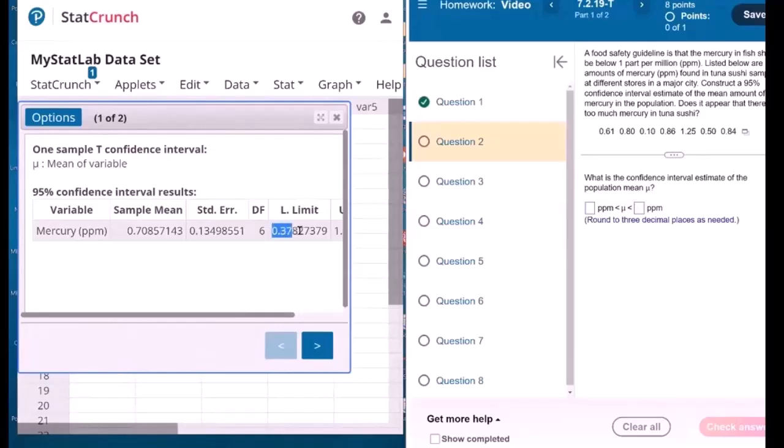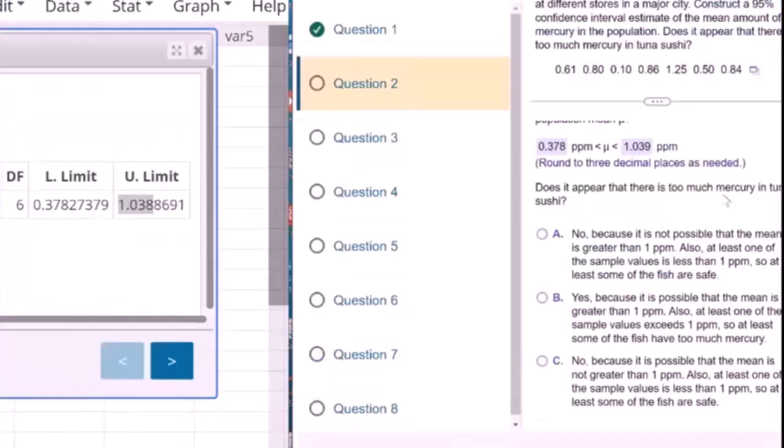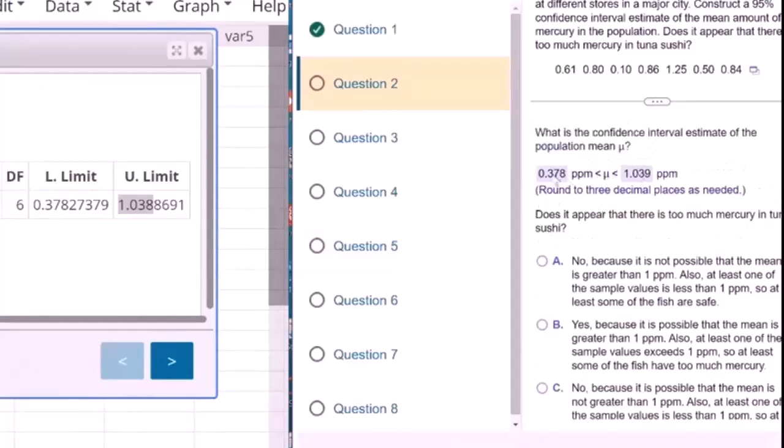I want my lower limit to 3 decimal places, and my upper limit is going to round up to 9. Does it appear that there's too much mercury in tuna sushi? We can see this 1.25 is over, which means it's dangerous.